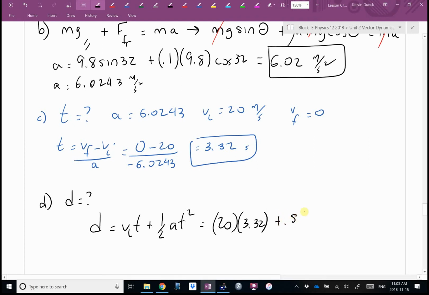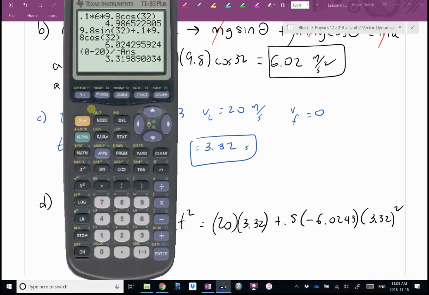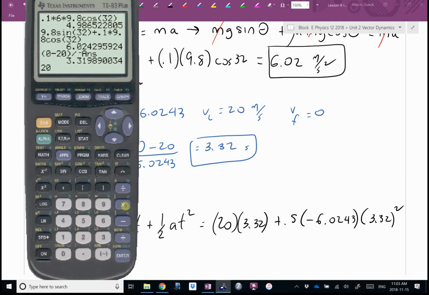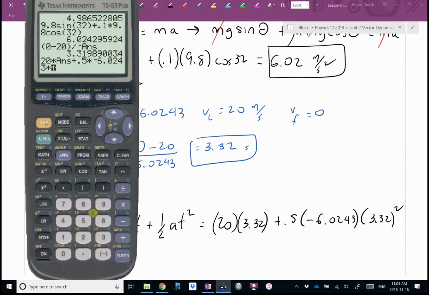Plus 0.5 times negative 6.0243 times 3.32 squared. So where my two time values are, I'm going to use my answer button: 20 times answer button plus 0.5 times negative 6.0243 times answer button squared.